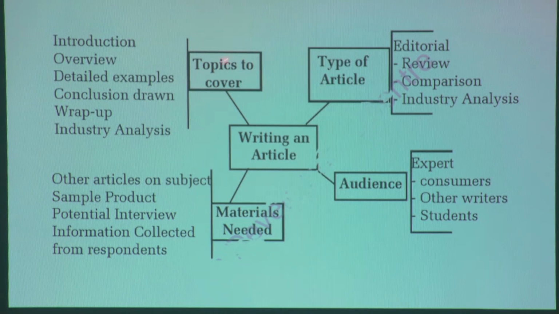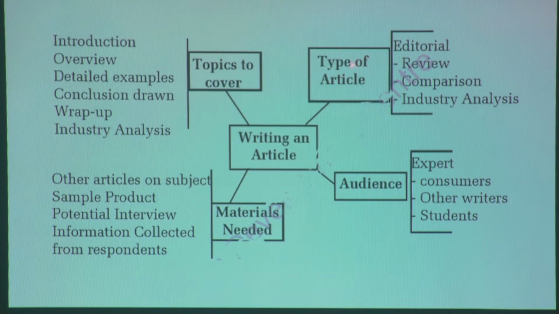You have to consider the topics to cover, for example, introduction, overview, detailed examples, conclusion drawn, wrap up. In your textbook, industry analysis is given there, but it shouldn't be there. Industry analysis is in the next column, so you don't need to worry about it here.